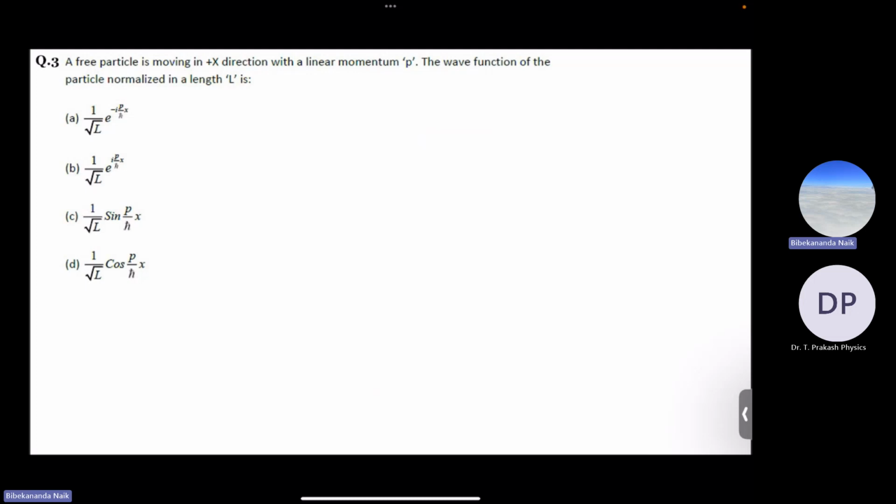If you see here, it is mentioned moving in the plus x direction, and the momentum is p. So what will be the wave function of the particle normalized in a length L? These are the four options. I'll give you some time to calculate it, then we will discuss the question. So please calculate. After that, we will discuss.